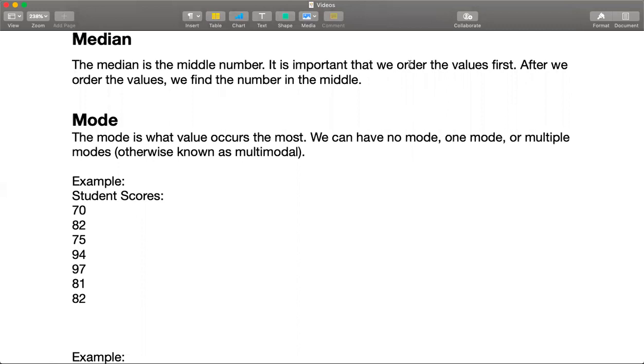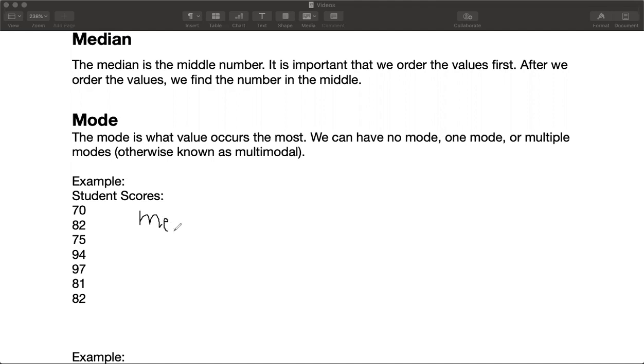So if we take a look at the below scores, we have 70, 82, 75, 94, 97, 81, and 82. We can calculate our 3 measures of central tendency. So our mean here, we're first going to want to add up all these numbers. So 70 plus 82, so on and so forth, and that's going to equal 581 once you add them all up.